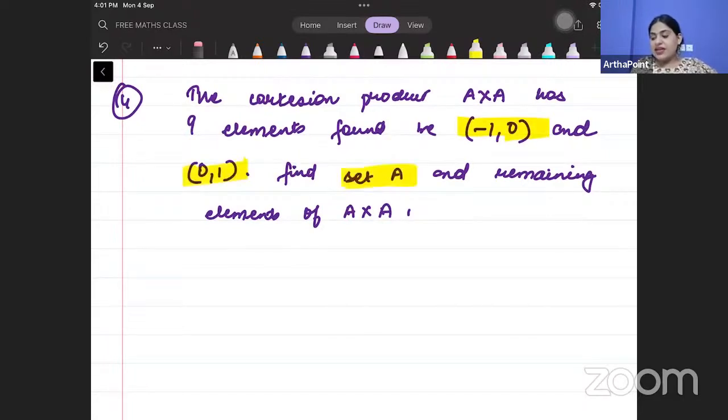Find the set A and the remaining elements of A cross A. This is your last question.